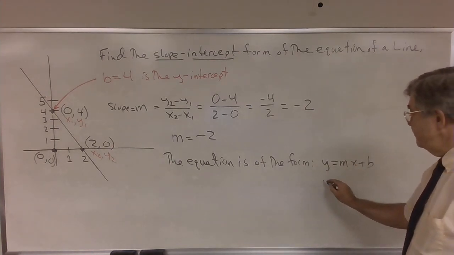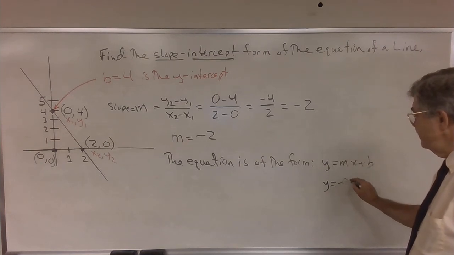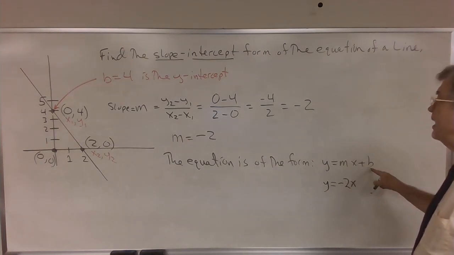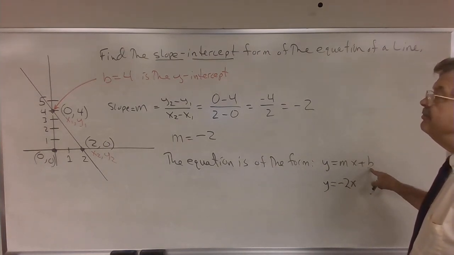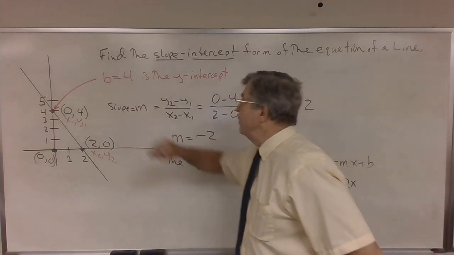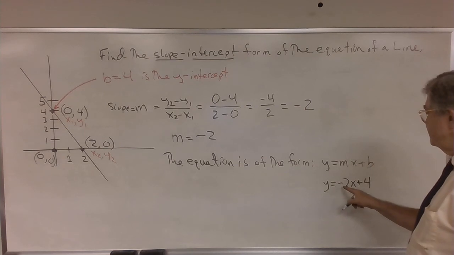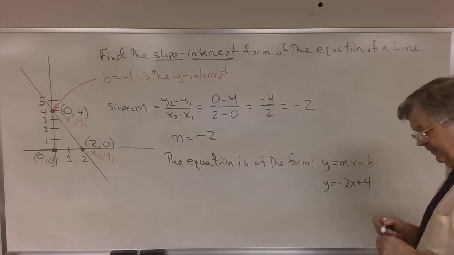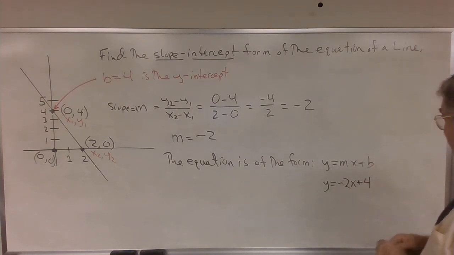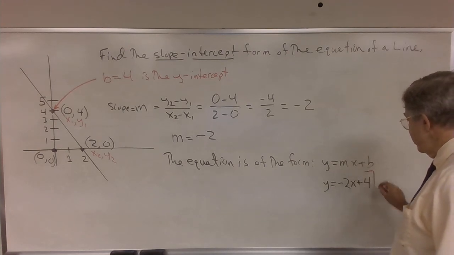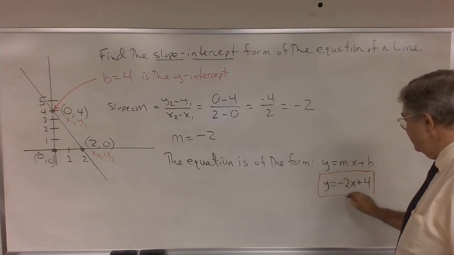And m is negative 2, so we have y equals negative 2x. And b, what was b? B is 4. Y equals mx plus b. That's it right there. That is it right there.